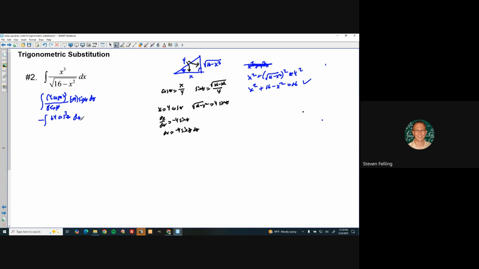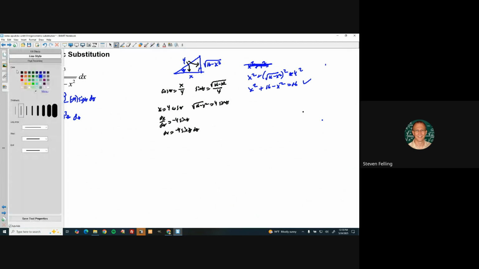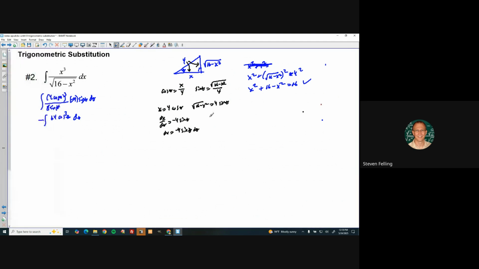All right, so now we've converted this into a trig integral. So that means we're going to do what we learned in the last lesson. If I were to decide to write everything in terms of sine, let's say, then that means the derivative would be cosine. So du would be cosine theta d theta, which means I'm going to reserve 1 cosine on the side. So I'm going to put a negative 64 out there. We'll bring the 64 outside.